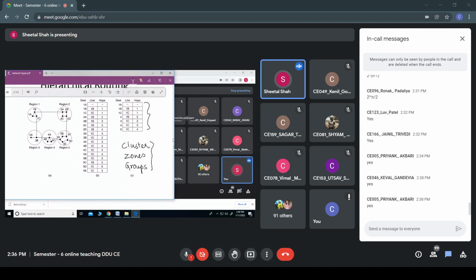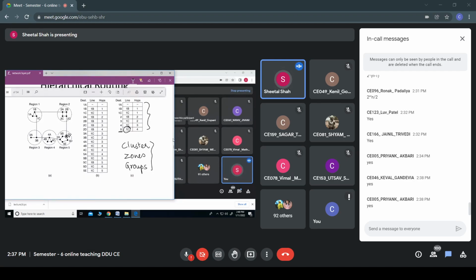But the problem here is, suppose it wants to send a packet to 5C. Even if it passes through region 2, it would be shorter than passing through region 3, because you know that region 5 can be reached via 1C.